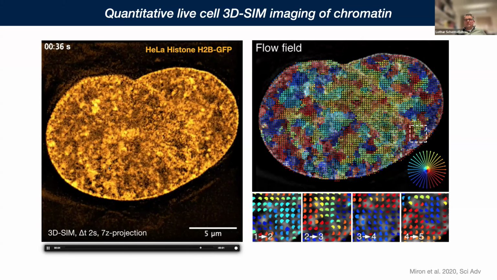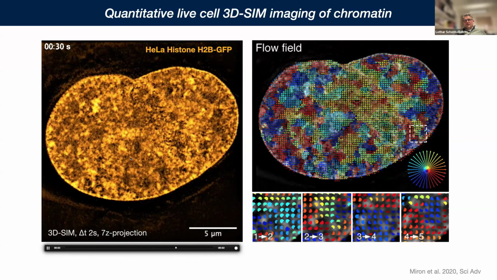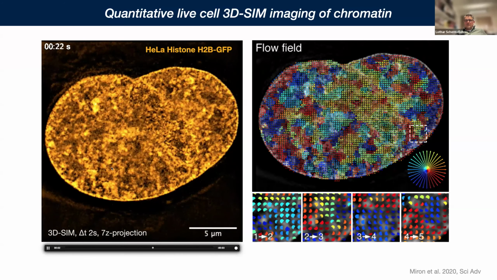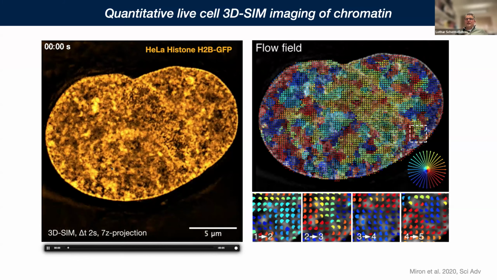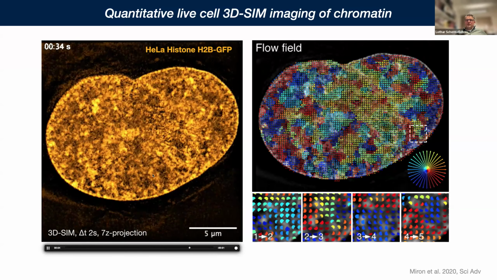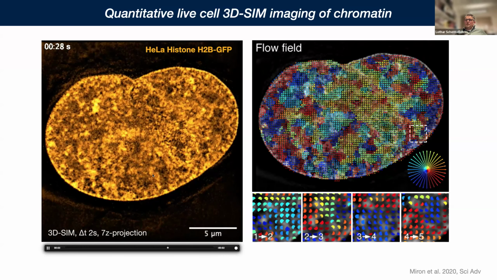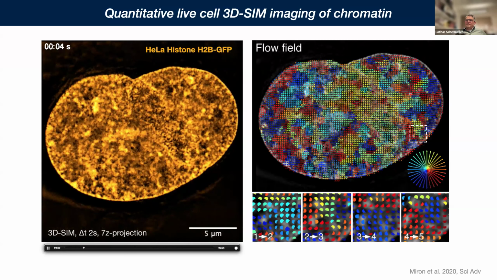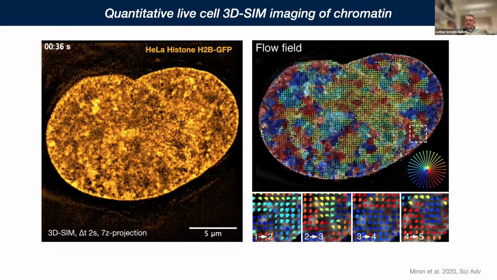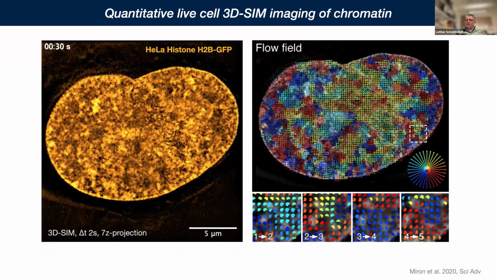They don't, let's say, merge, or at least on a time scale are fairly stable. They wobble around, but don't merge or disappear. Of course, biophysical analysis, like flow field analysis, shows that these features, these blobs, move back and forth and have some elastic properties.